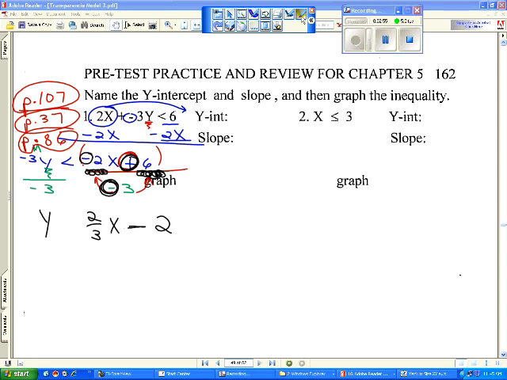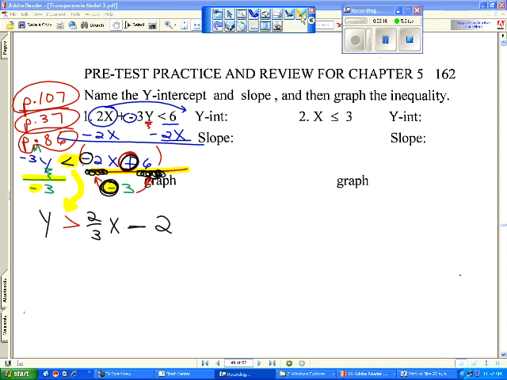That little rule says if you multiply or divide both sides of an inequality by a negative number in the undoing process, you change the greater than to less than or less than to greater than.